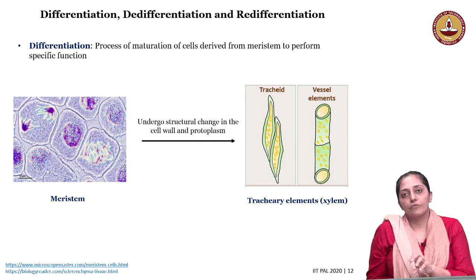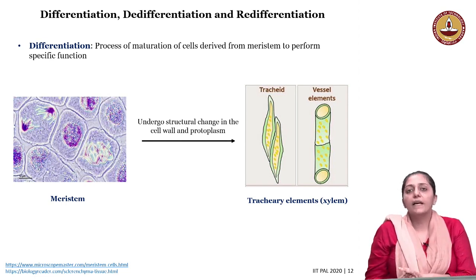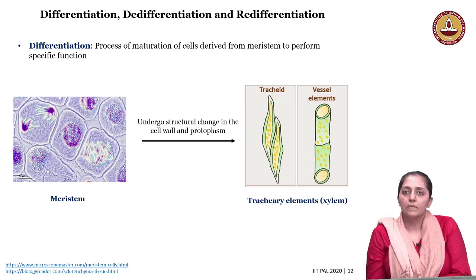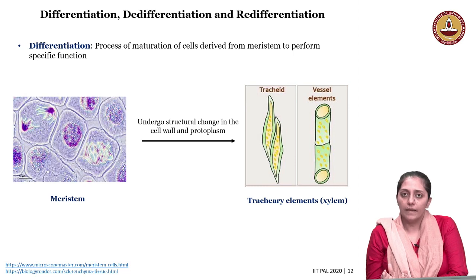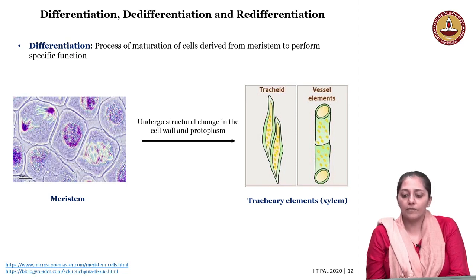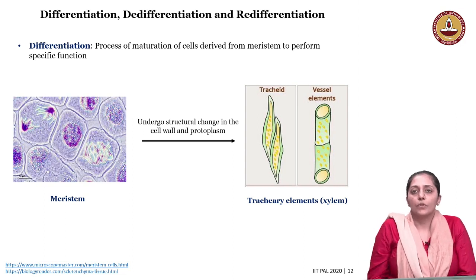Like here in case of root or in the stems, you will find that some of these cells will mature to become the xylem elements. Here we have shown the vessel elements and the tracheids, which are different type of xylem elements required for the transport of water.